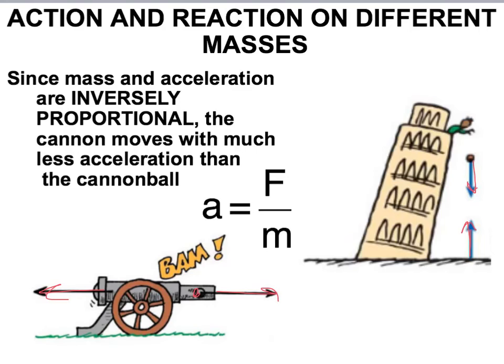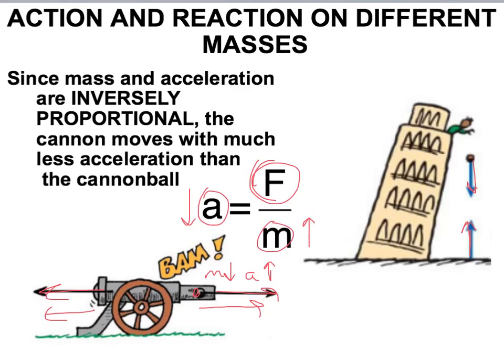Now in Newton's second law, mass and acceleration are inversely proportional. So when mass goes up, acceleration goes down, if the force is unchanged. So in the case of the cannon and the cannonball, if it's the same amount of force going both ways, this force is moving a low mass cannonball, and that means the acceleration is going to be very high.